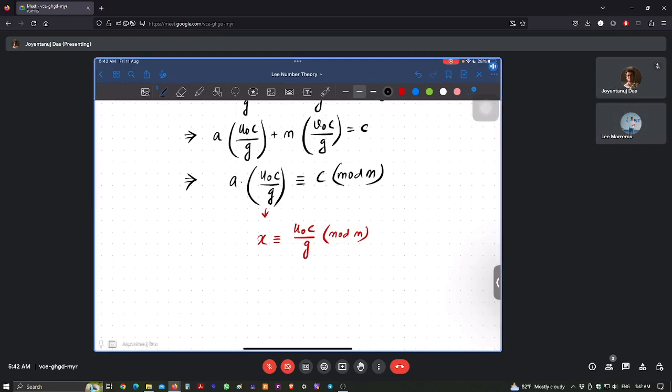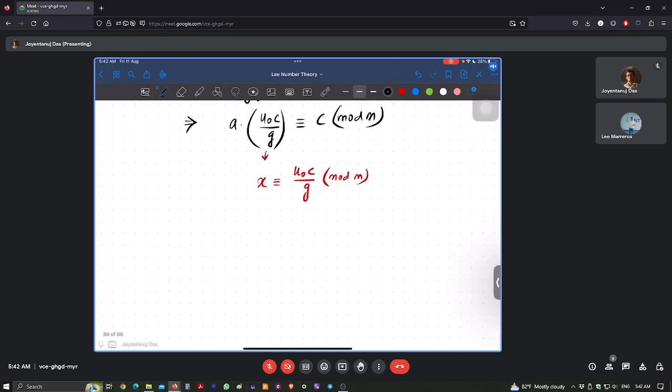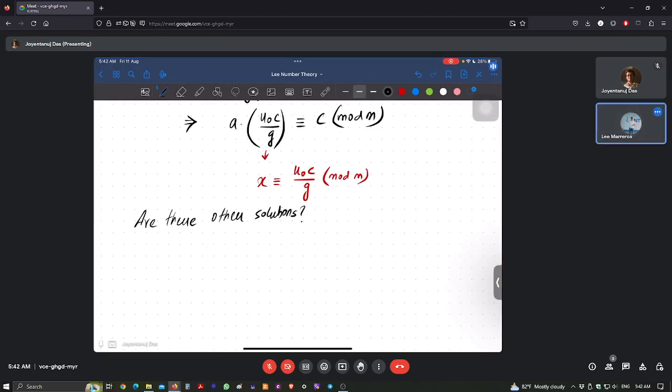So this will give you one solution, which we already saw in the previous example. But how do we find whether there are other solutions or not? So the next question is, are there other solutions? Suppose this is our first solution, which we denote by x0.